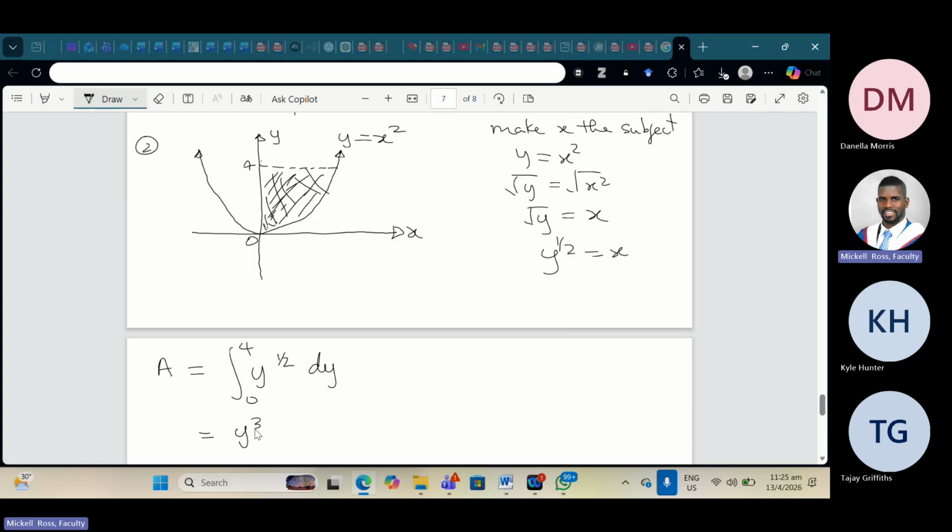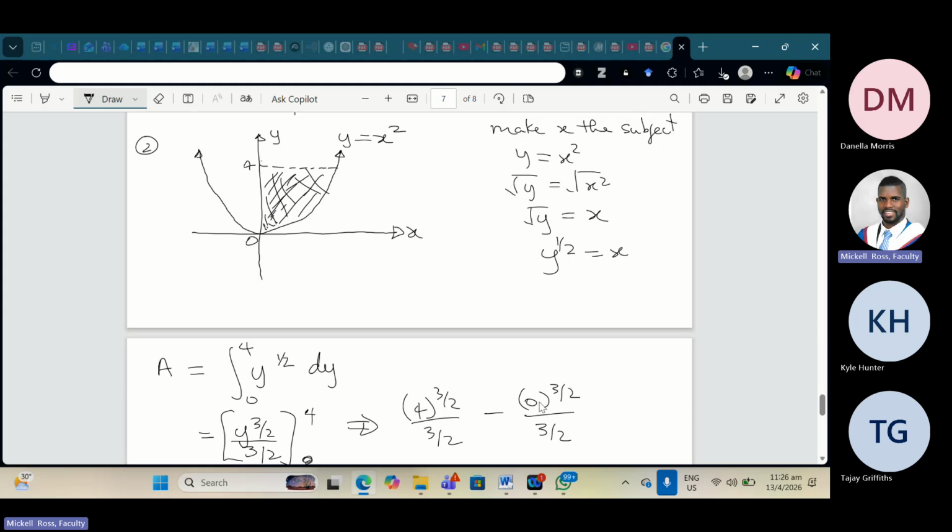So we're going to get y to the 3 over 2, divided by 3 over 2. And we're integrating from 0 to 4. So this means that it's when y is 4, 4 to the 3 over 2, minus 0 to the 3 over 2, divided by 3 over 2.